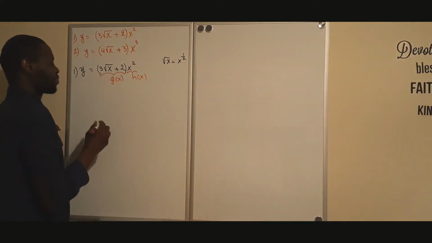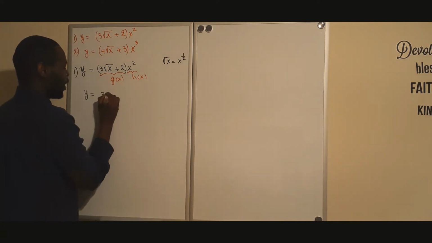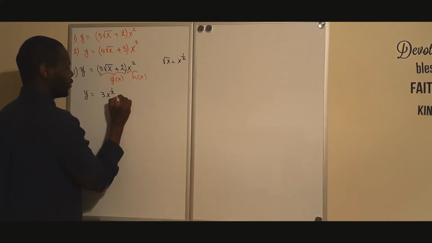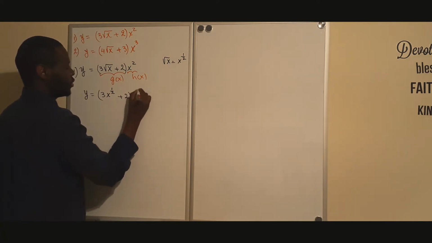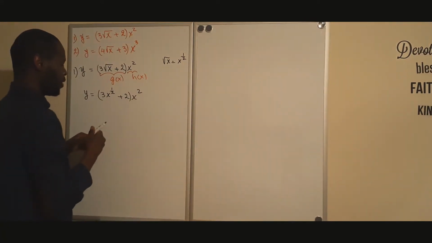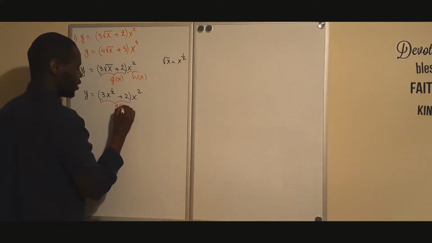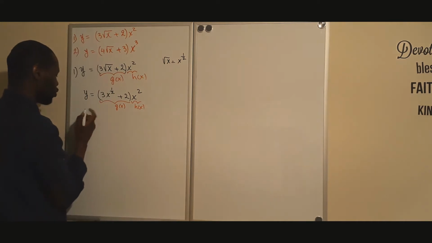Right? So y equals 3x to the half plus 2, times x squared. Right? So again, this is still my g of x, and this will be my h of x. Okay, let's go ahead.